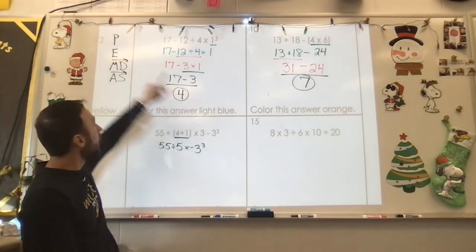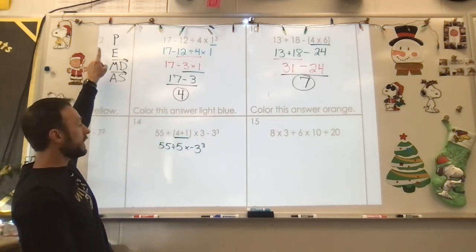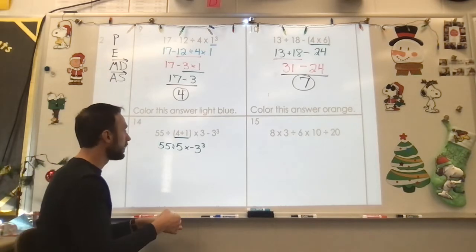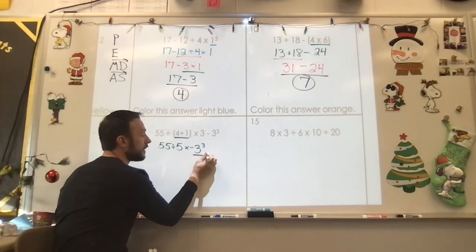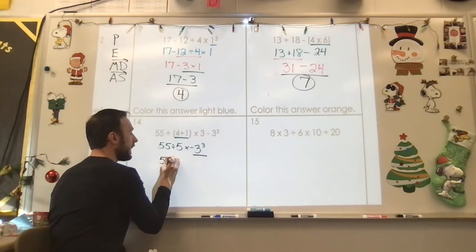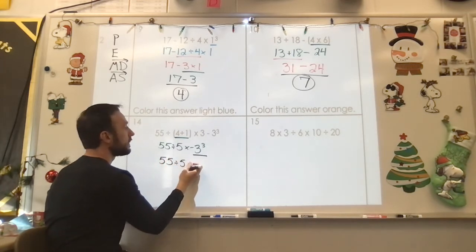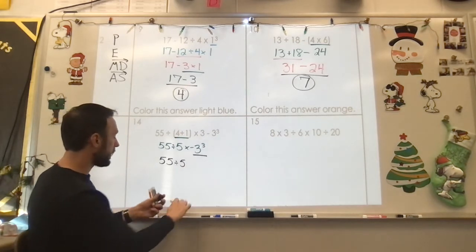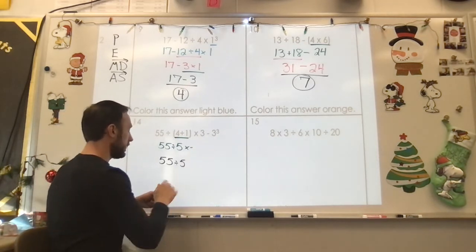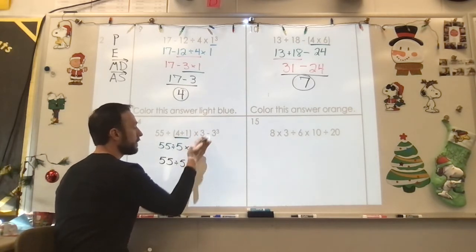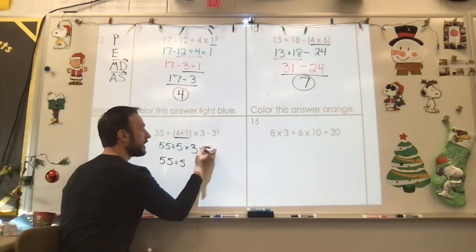Do I have any exponents left? Yes, I do, so I need to do that next. So that would leave me with 55 divided by 5. Oh, I wrote down the problem wrong. Make sure I do that. It's times 3 minus 3 to the third.